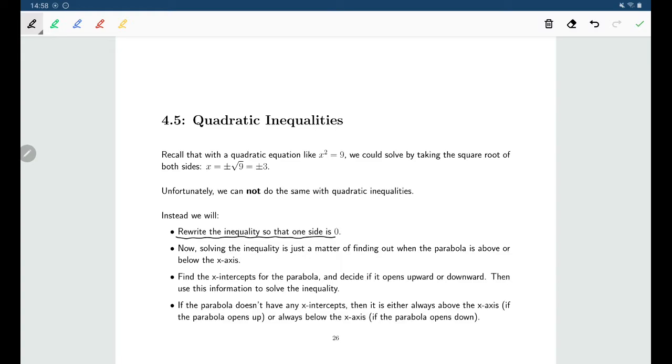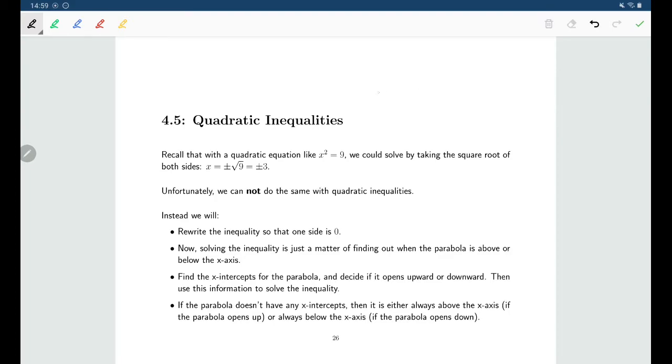Once you have that, the question is really one of where this parabola is above the x-axis or below the x-axis. If you have some quadratic function greater than or equal to 0, you're looking for where the graph of that function is above the x-axis.